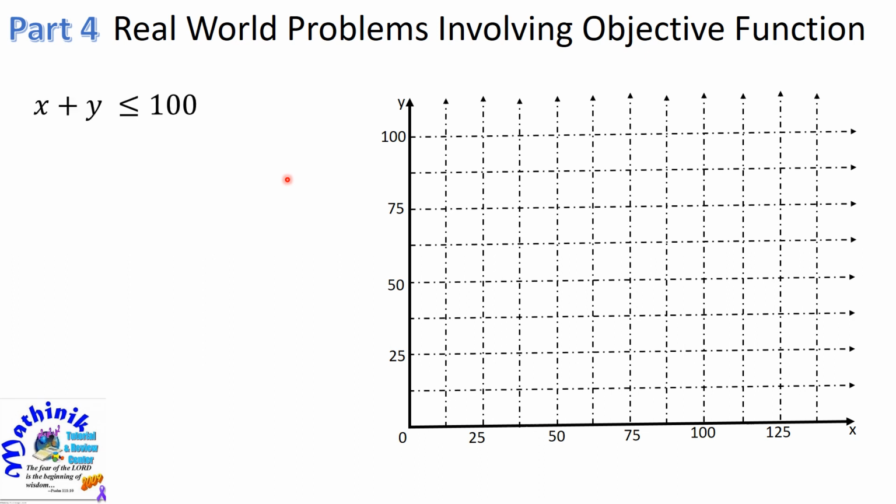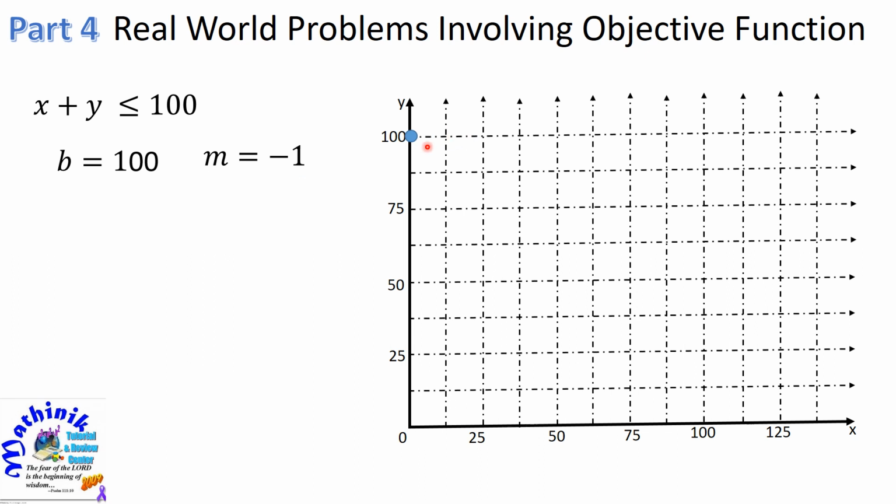Let us start with x plus y is less than or equal to 100. If we're going to use the slope-intercept method, we'll have the y-intercept as equal to 100 and the slope is negative 1. So plotting the point, the y-intercept is 100, so that will be at (0, 100).